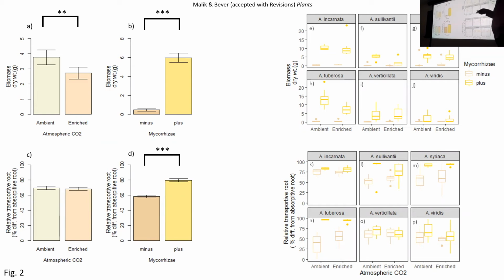They're more K strategists. So we're seeing that the less weedy species, the K strategists, are being more negatively impacted than the other three species by enriched atmospheric CO2. That means that for non-weedy species, the mutualism they gain from mycorrhizal fungi is lessened under enriched atmospheric CO2.